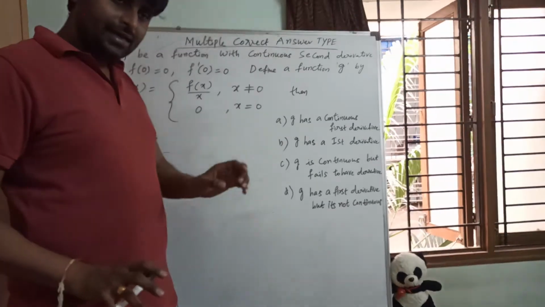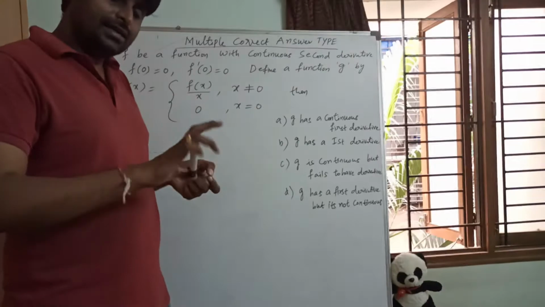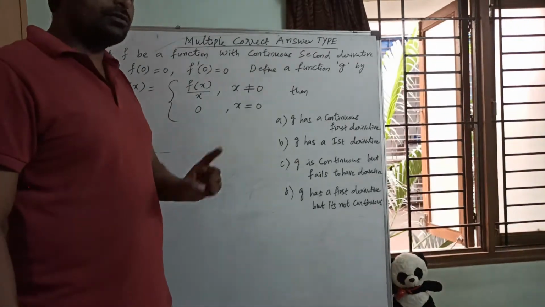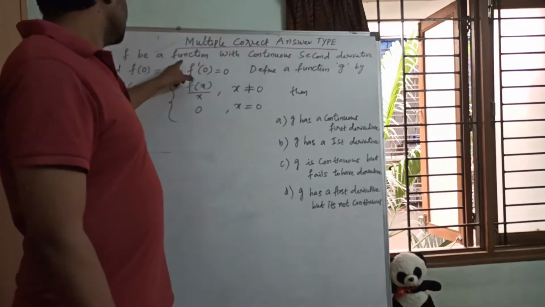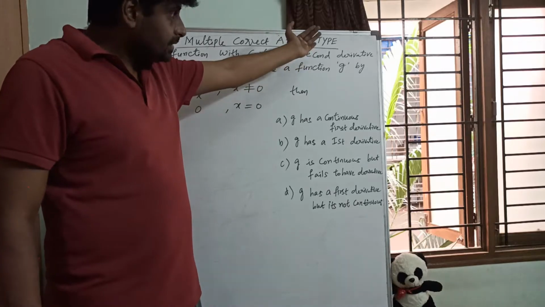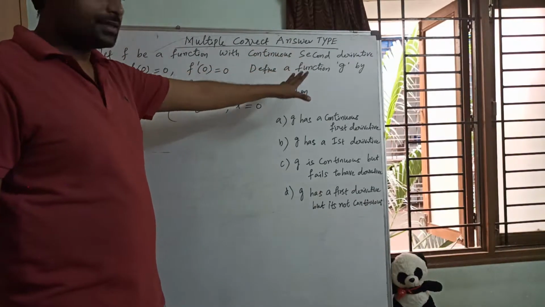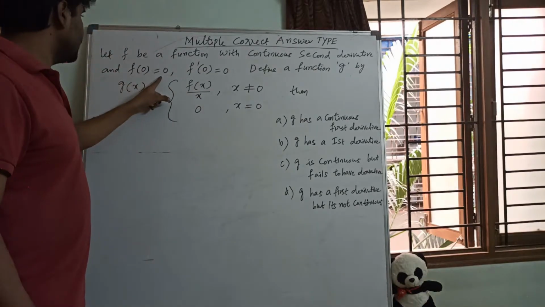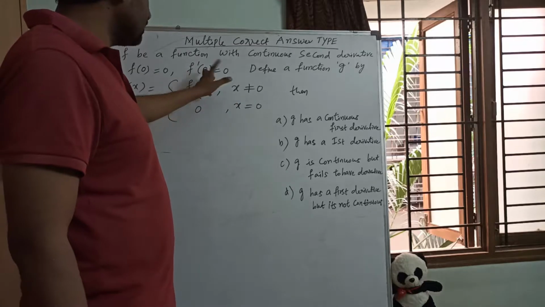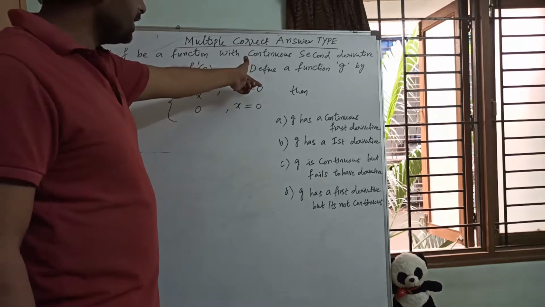So by applying L'Hospital's rule the first time, the first derivative, LHL and RHL were equal, or the limiting value equals the function value. That is the meaning of continuous second derivative. Here, after derivating a second time, it is going to become continuous. So now f of 0 equals 0 is given, f dash of 0 equals 0 is given. We can use these values in checking the continuity of the given function here.